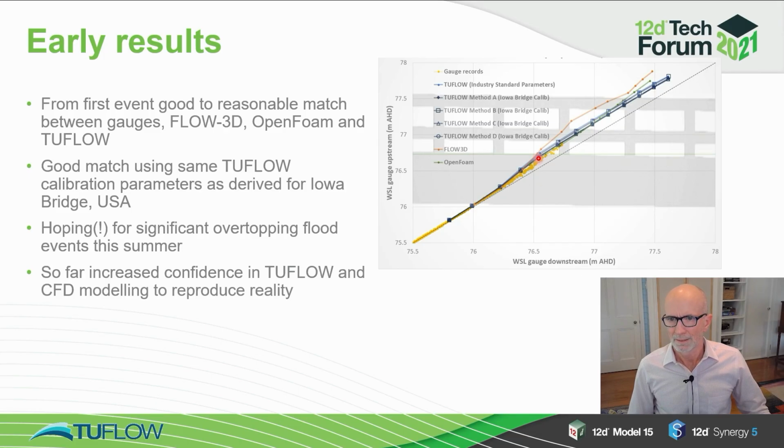And it's actually showing a pretty good match with what data we have so far. Flow 3D is the orange line here, and OpenFOAM is the green line, which you can see underneath here. So we're getting reasonable consistency or match between the different methods.